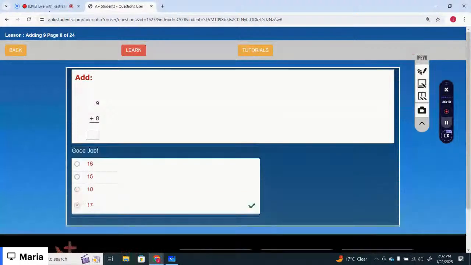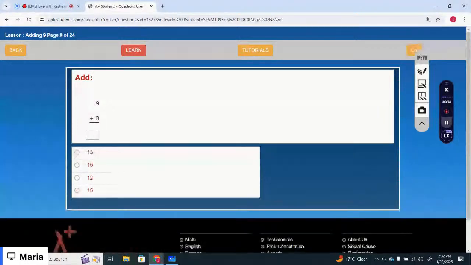The correct option is 17. 9 plus 3 makes 12. The correct option is 12.